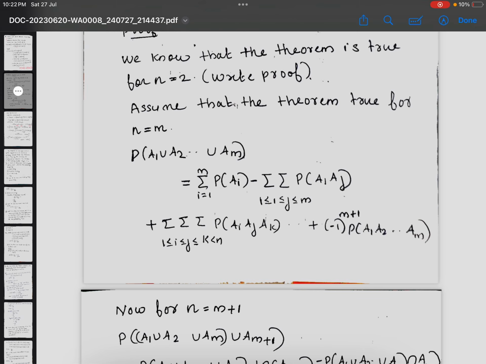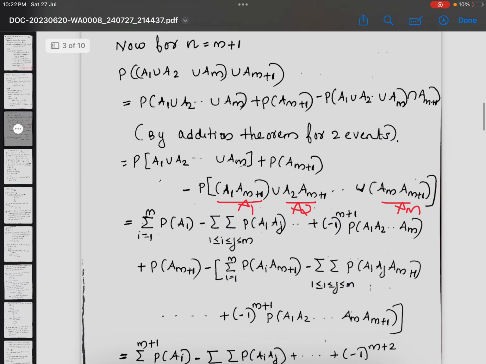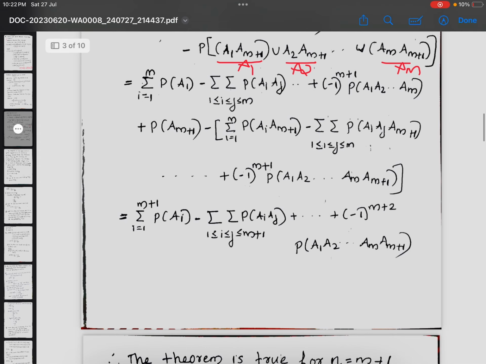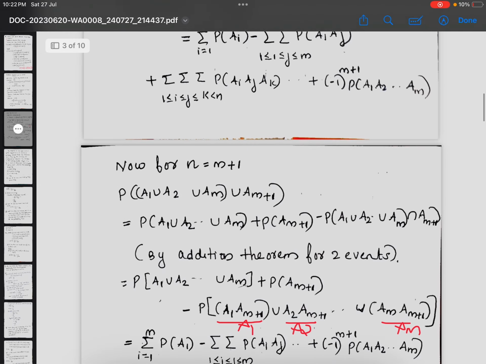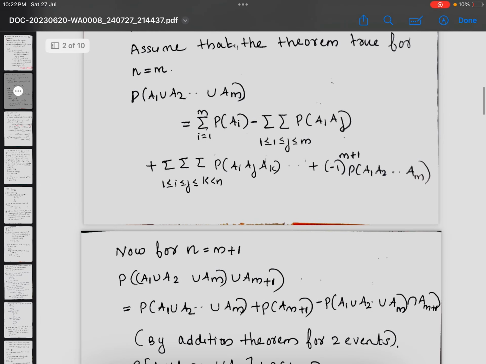Here A1 is A1 A m plus 1, so we write summation i equals 1 to m, P of A i A m plus 1.